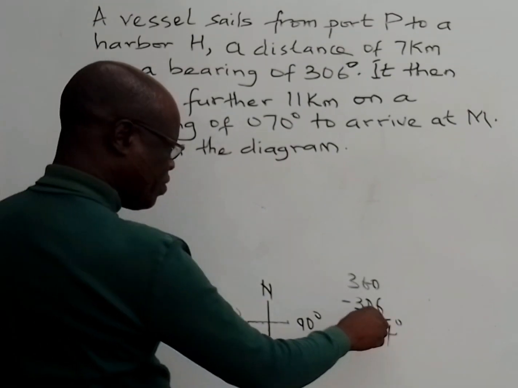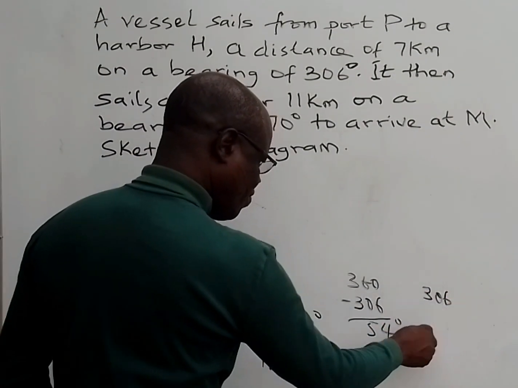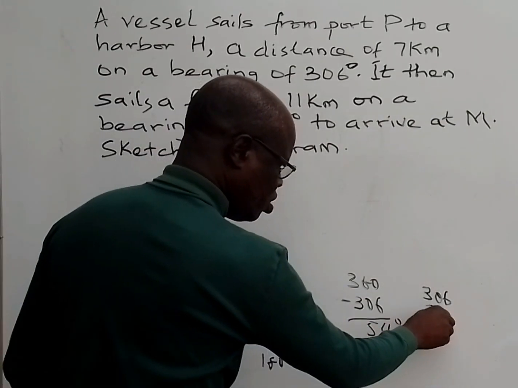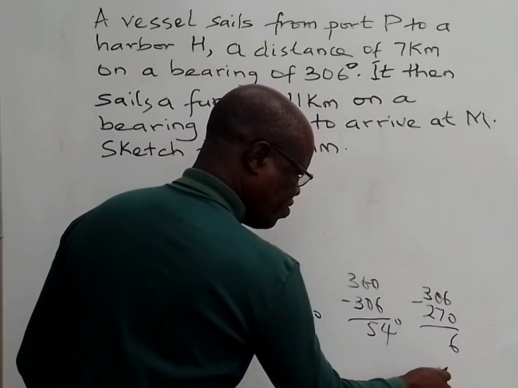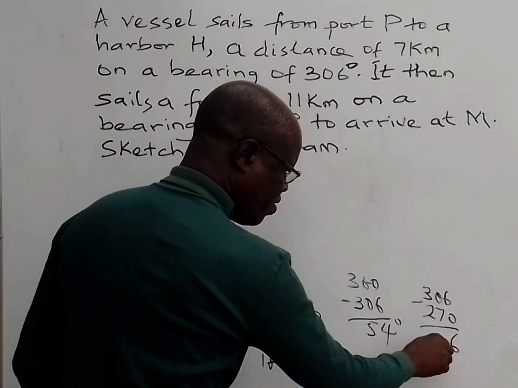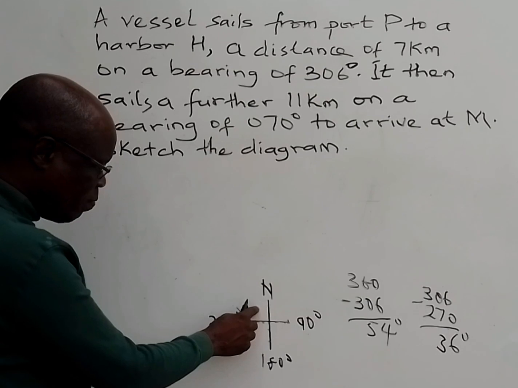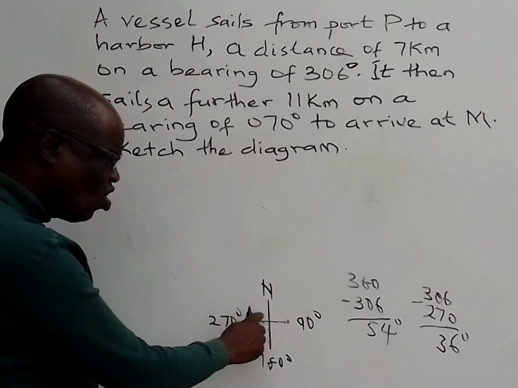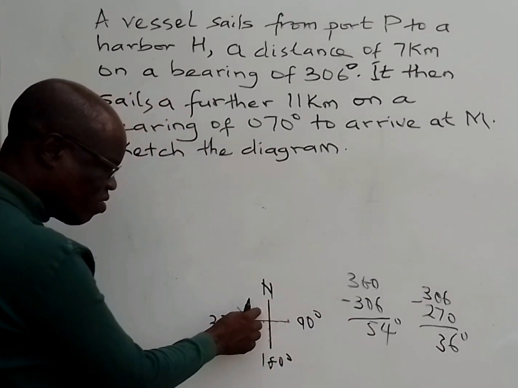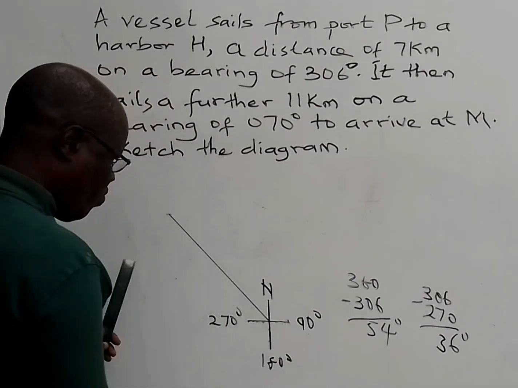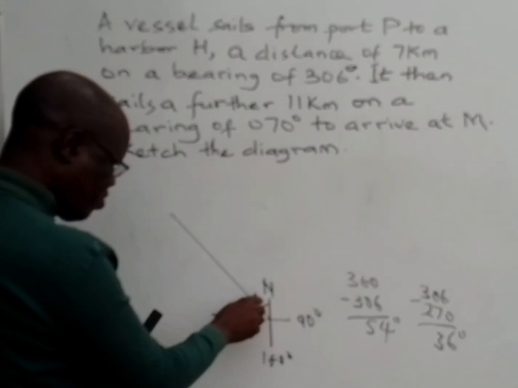What I mean is this. You can say, okay, 306, this is 270. You have 36. From 90 take away 54, 36 degrees. It's either you measure from here this way, you measure 36 here, or you measure 54 from here to this place. It's all the same. So you can say this is 54.